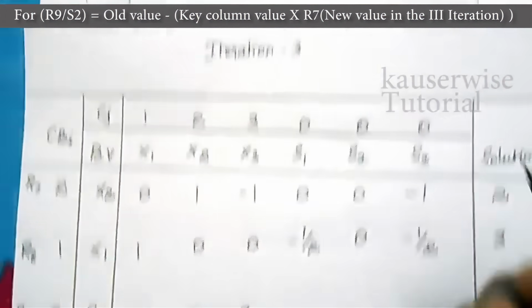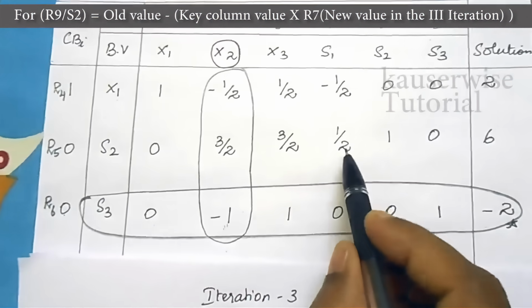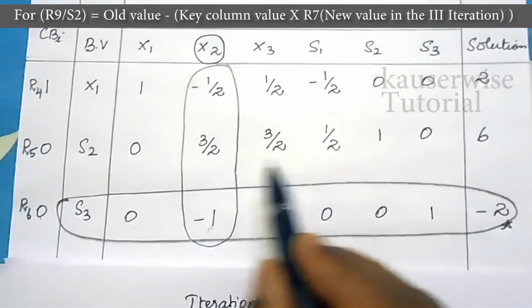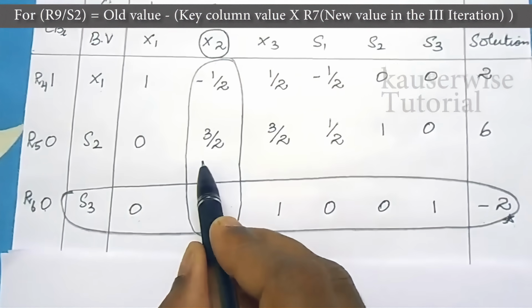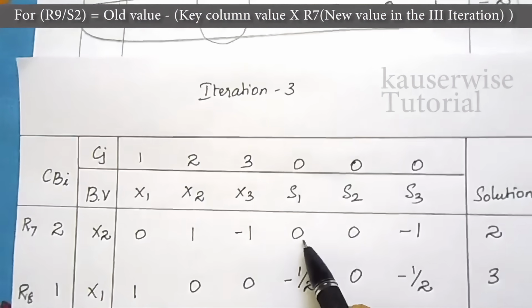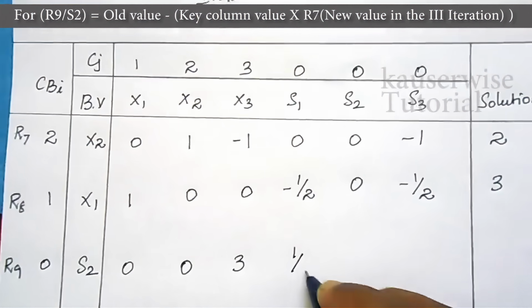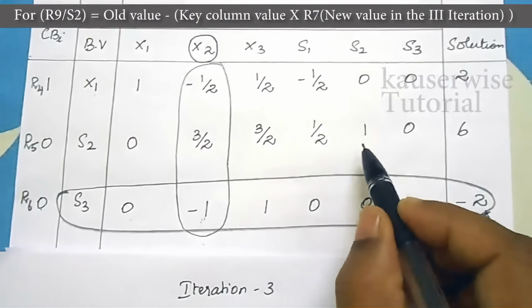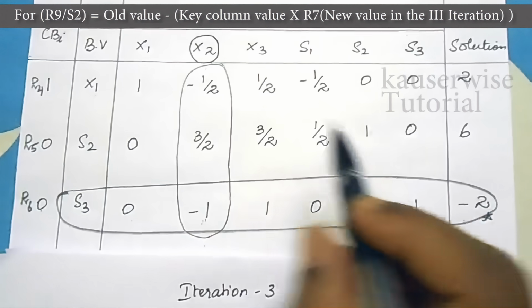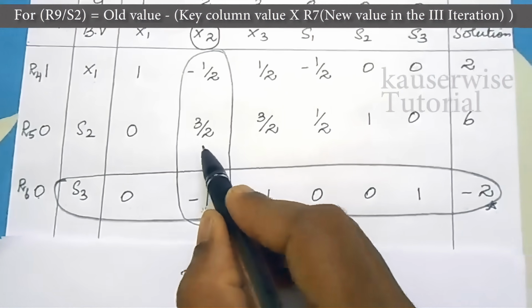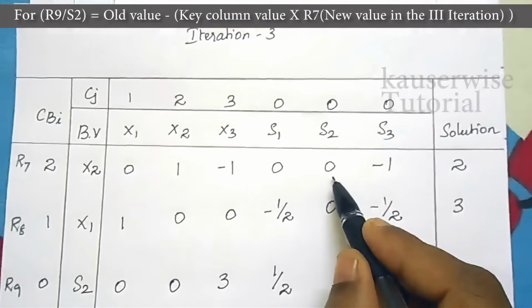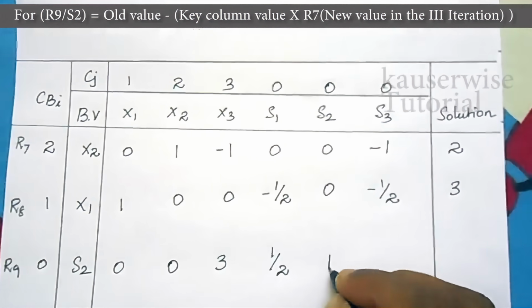3. Next one, the old value 1/2 minus key column value 3/2 into new value 0. Answer is 1/2. Next one, old value is 1 minus key column value is 3/2 into new value is 0. The answer is 1.